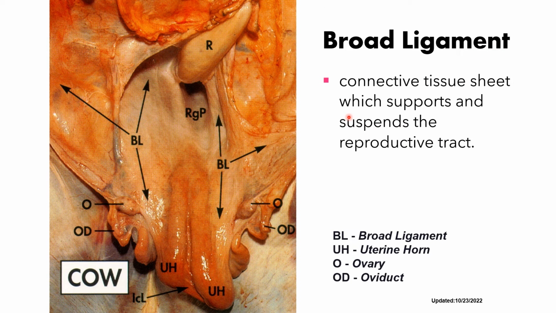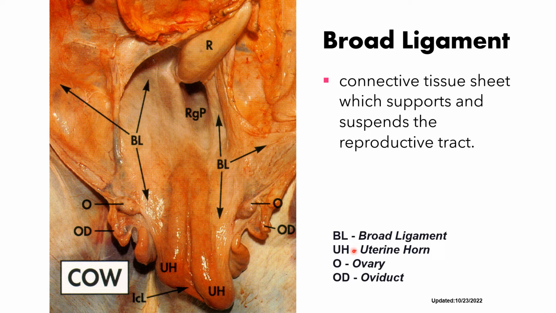In examining the reproductive tract of a cow, one of the most prominent structures is the broad ligament. The broad ligament is a connective tissue sheath which supports and suspends the reproductive tract. The reason the reproductive tract does not just flop down in the pelvic cavity is that it is surrounded by and supported by the broad ligament.